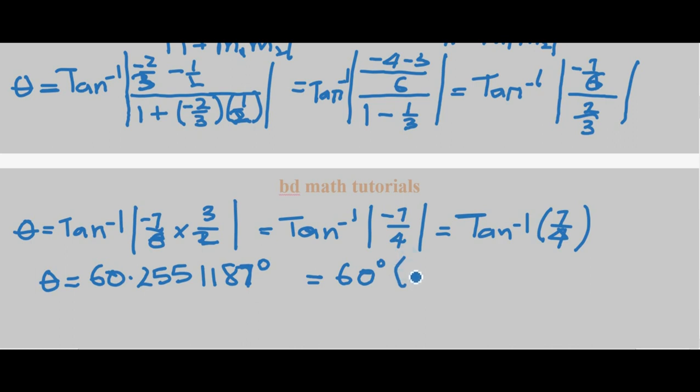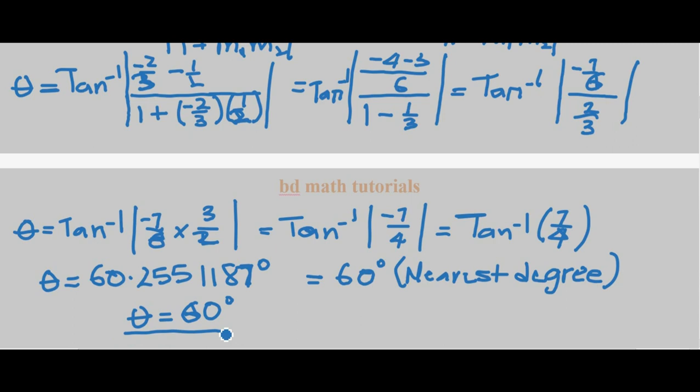Always put in the bracket what you are required to do, nearest degree. Theta is equal to 60 degrees.